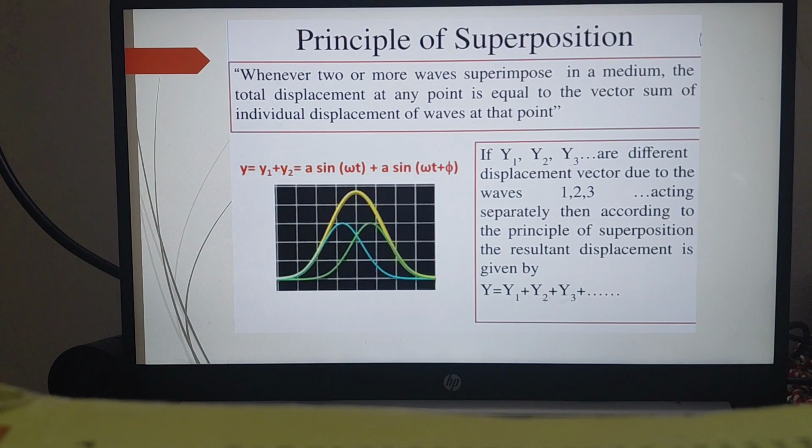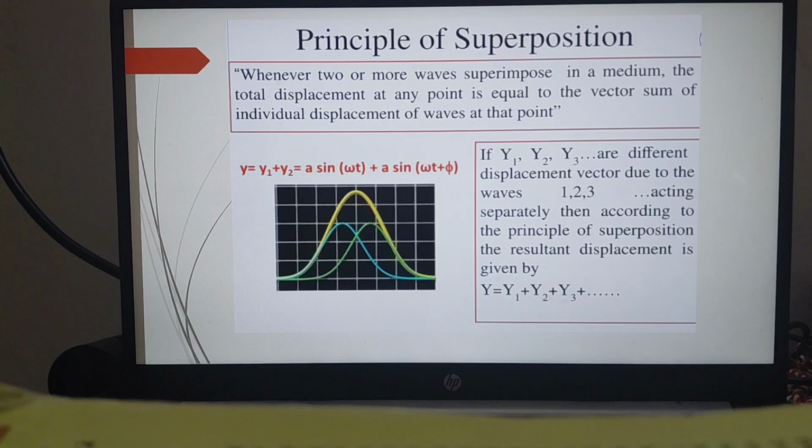Next, what is superposition? The principle of superposition. Two or more coherent waves superimpose in a medium, and the total displacement at any point is equal to the vector sum of the individual displacements of the waves at that point.